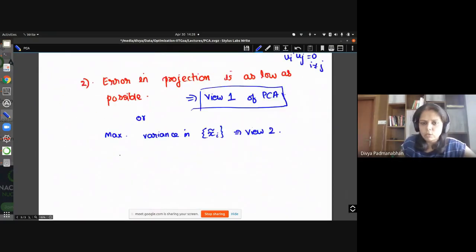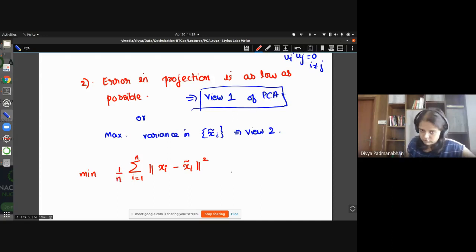So you minimize, over i equals 1 to n, the norm squared of this difference xi minus xi tilde, which is a vector. It's an average error, so you take 1 by n times this.